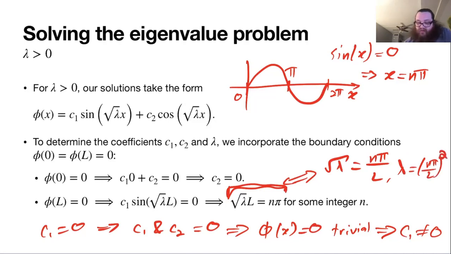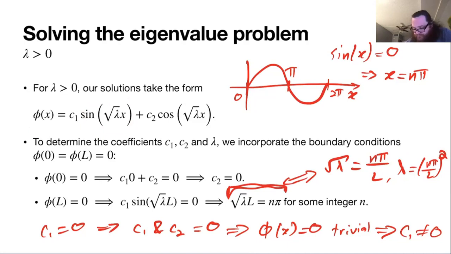But the takeaway is that, for lambda greater than 0, does that possibly work? The answer is yes, it works. This is what lambda should be. And then phi should just be sine of root lambda x, or a sine of n pi over L x.